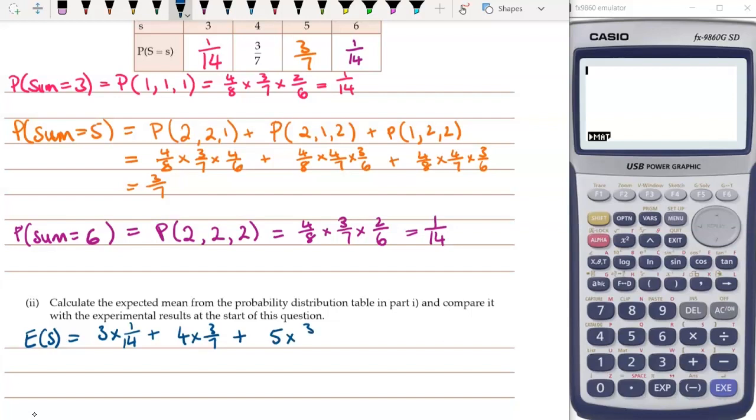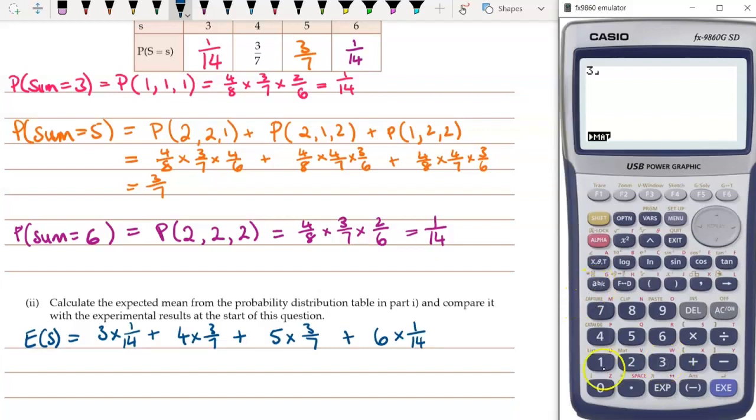That is also on your formula sheet for how to work out expectation of a value from a probability distribution table like this. So now let's just add them all up. And we get 4.5.